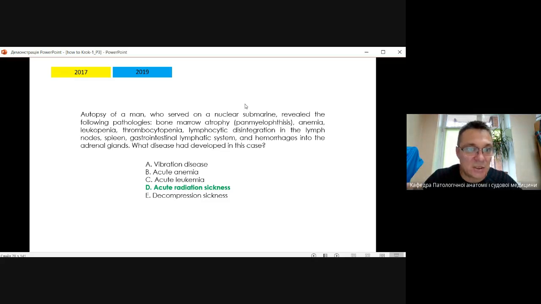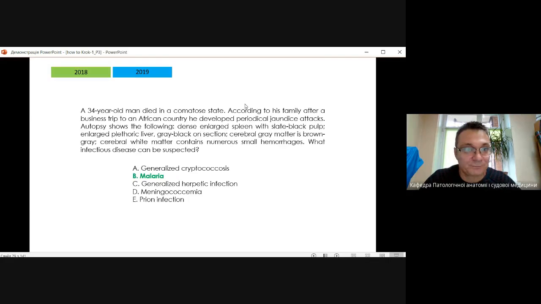2017-2019 question. Acute radiation sickness, the key word here for sure, there's the nuclear submarine. There's the man who served on the nuclear submarine, and you see the complete destruction and atrophy of different tissues which are normally proliferating pretty well, like bone marrow and mucosa, and see the acute radiation sickness over here.